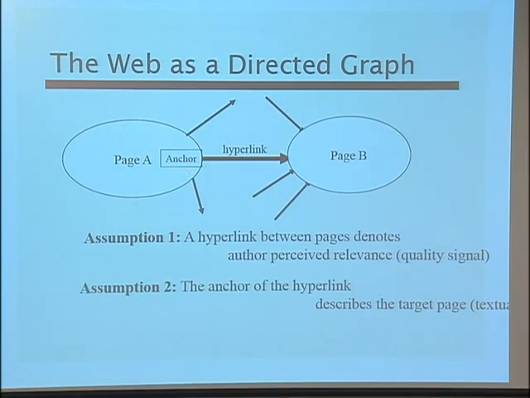I know that Ani, in her presentation on summarization, made this point explicit, that one of the good indicators of the content of page B might be how I describe it when I link to it. Because sometimes I'm trying to encourage you to either take that link or use the link to motivate a sentence or whatever. But in general, what's surrounding or inside that link is in some ways a pithy summary of what I consider to be relevant about page B.